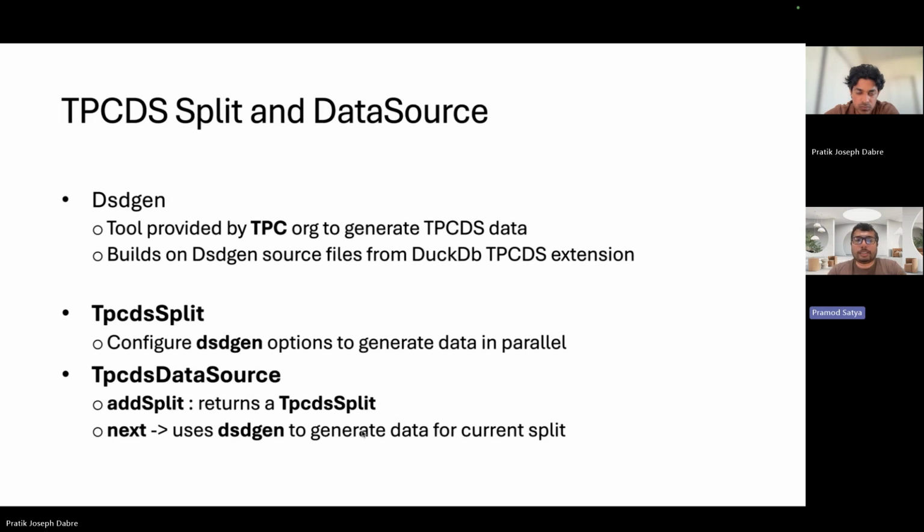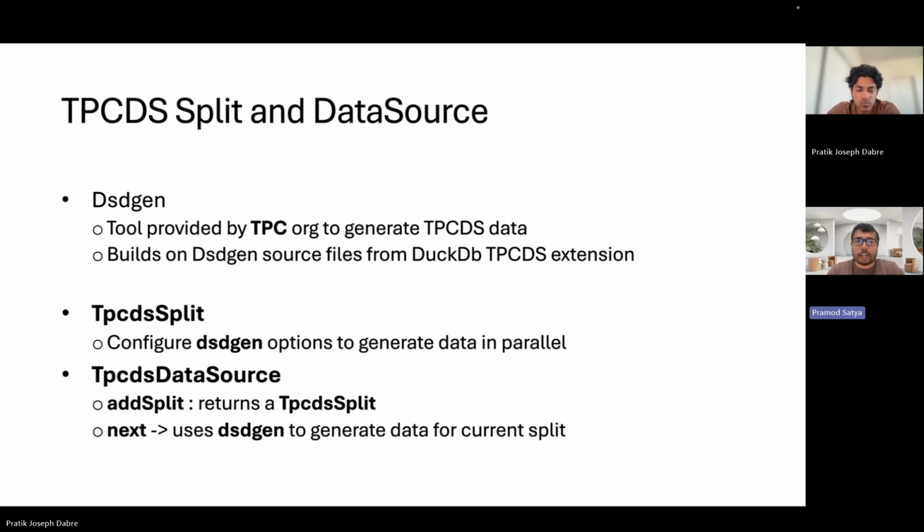Before looking at how the TPCDS data source will process splits and generate data, let's start with some quick background on how exactly the TPCDS benchmark supports generation of data.